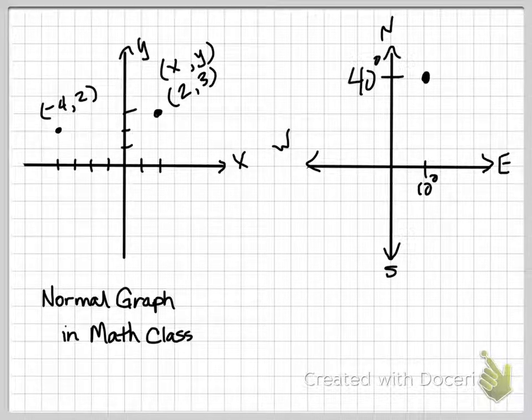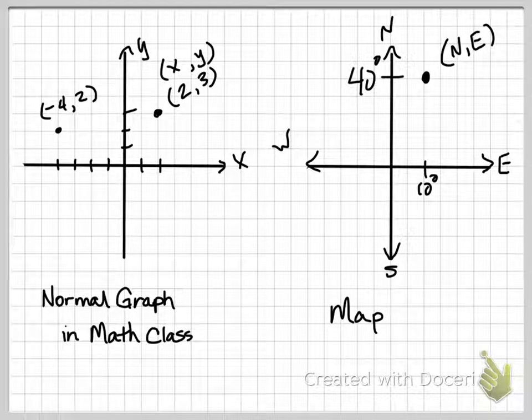But when they give coordinates, let me put down here, this is a map. Okay, when we give coordinates on a map, we're not going to do x and y. We're doing north and east, or north and west, or south and east or west. But you're going to give your north coordinate first. Now remember before you had x and then y. In this case, you're going to have your north or south coordinate, and then you're going to have your east or west coordinate.